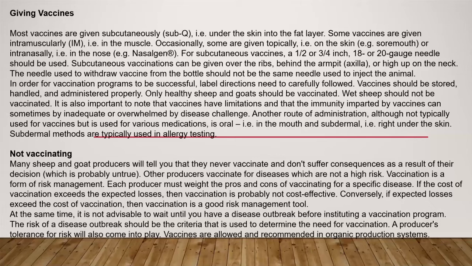In your overall flock health program, there are a few things to take into consideration, and some folks are going to say, well, I don't want to vaccinate. It's your prerogative not to vaccinate. And you may talk to other producers who say they don't vaccinate and they haven't suffered any consequences.